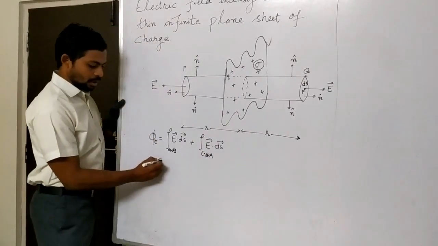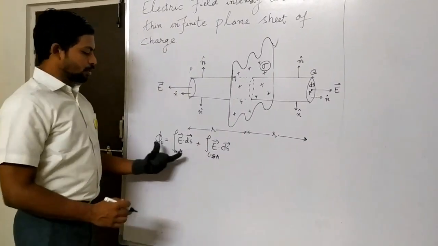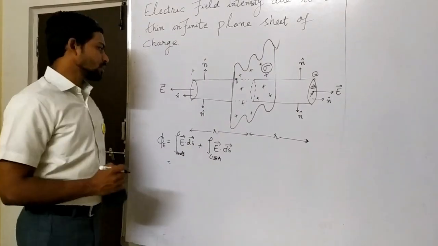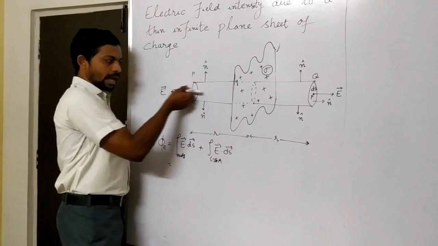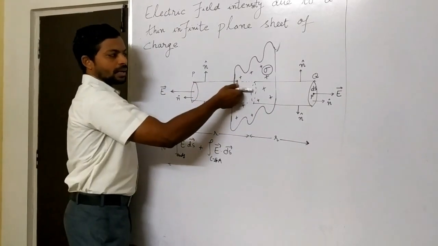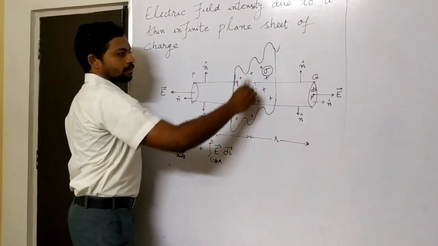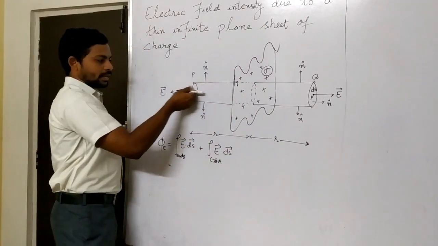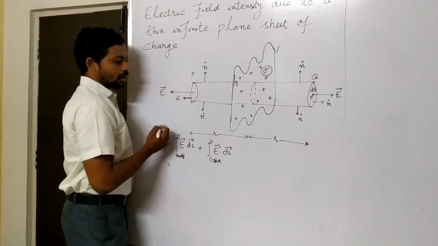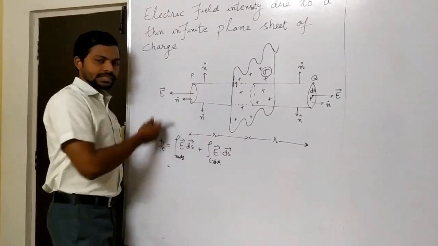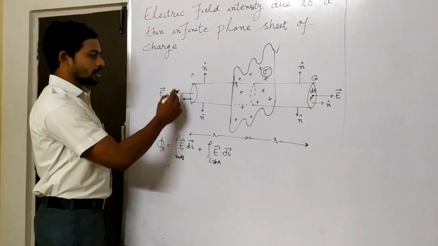First we will see the contribution of the ends. You can see here electric field intensity is directed outwards, perpendicular to the plane sheet, and the area vector of this end is also acting in this direction. The angle between both of them is 0.